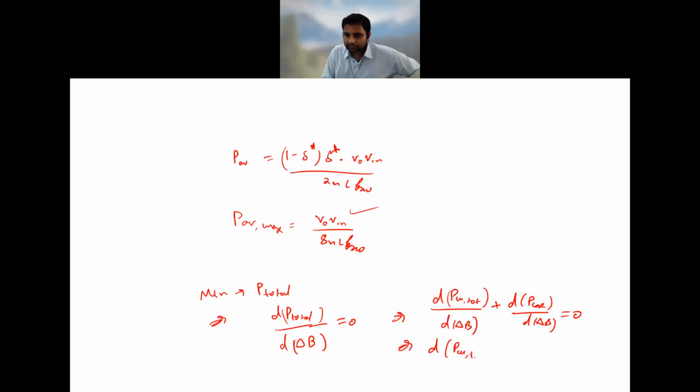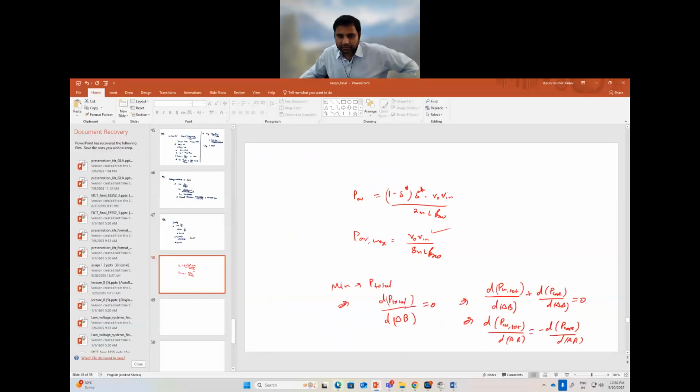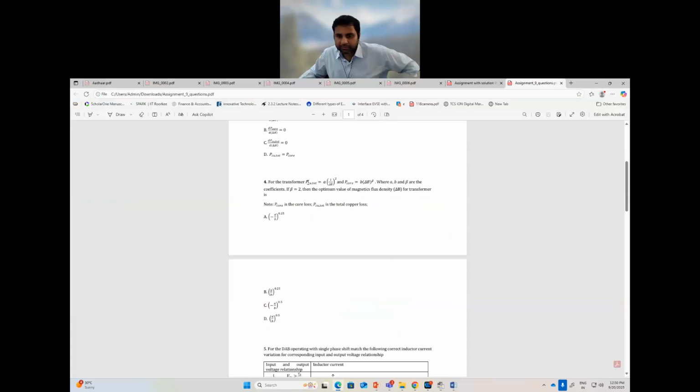What you will get is dP_Cu total by d delta B equals minus dP_core by d delta B. Now you can use that in this expression, and the P_Cu total value is given, the P_core value is given.